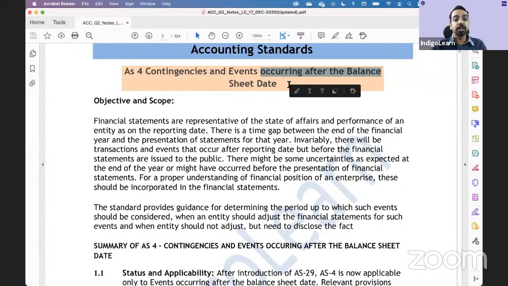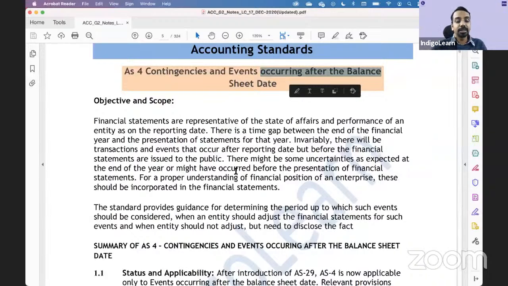So a lot of things which were earlier dealt by AS4 are now covered under AS29, provisions and contingent liabilities. What is covered in AS4 as a part of contingency is only contingent losses, like provision for bad debts. So provision for bad debts arises out of a contingency. Such things are covered here. And we obviously have coverage of events occurring after the balance sheet date, right?